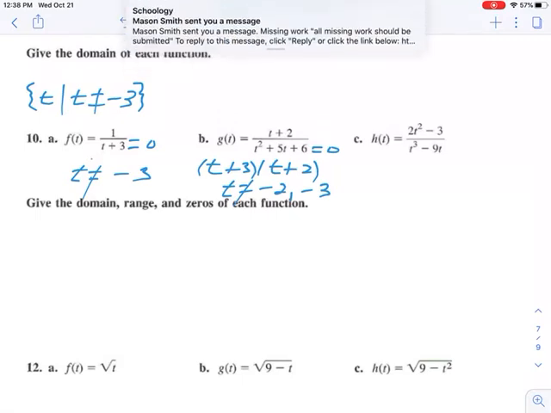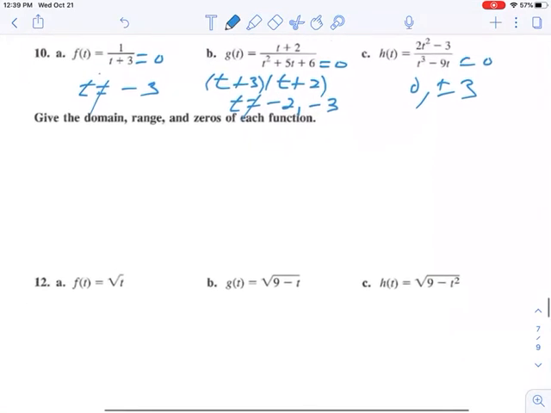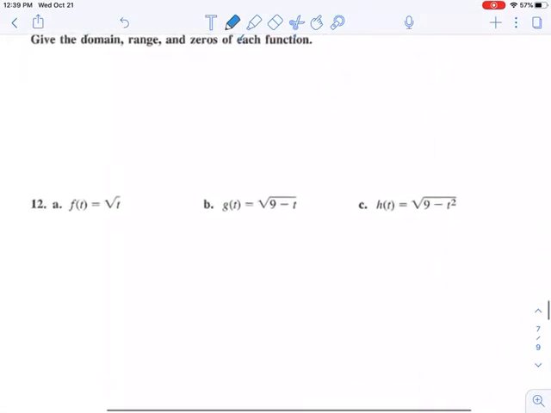So set of all t such that t cannot be -2 or -3. And lastly, same thing, we're going to get 0 and plus and minus 3. So set of all t such that t is not 0, not plus or minus 3.